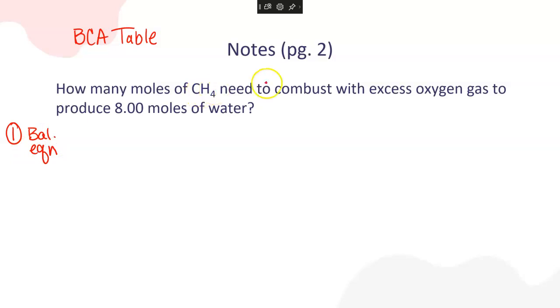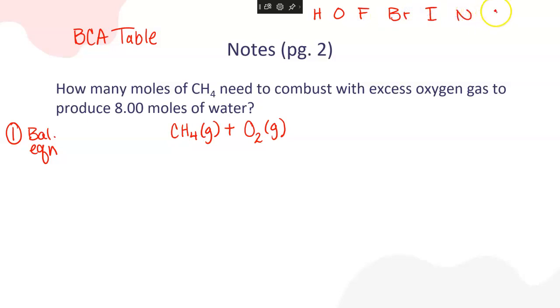So we have moles of methane combusting with excess oxygen. So we have CH4, and that's usually a gas, reacting with excess oxygen gas. Now, oxygen gas is usually O2. It's one of the diatomics. So when we see hydrogen gas reacting, it actually means H2.